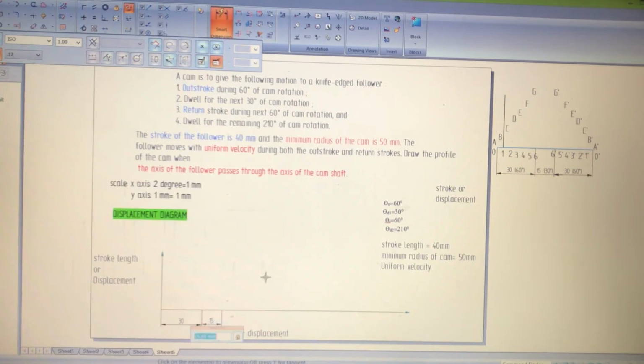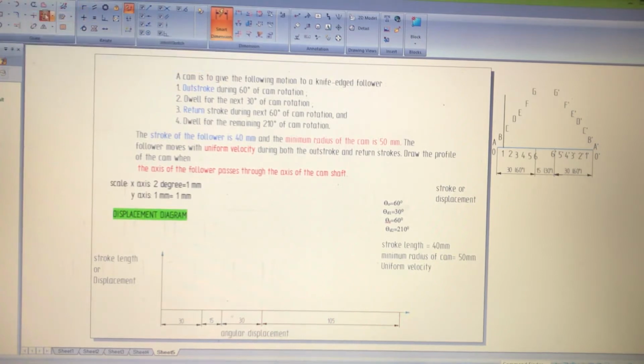Next, the return stroke for another 60, so it is 60 divided by 2, and the remaining period is 210, 210 divided by 2, you will get 105. So name it properly: this is theta O, next theta D1, next theta R, and the last one is theta D2.